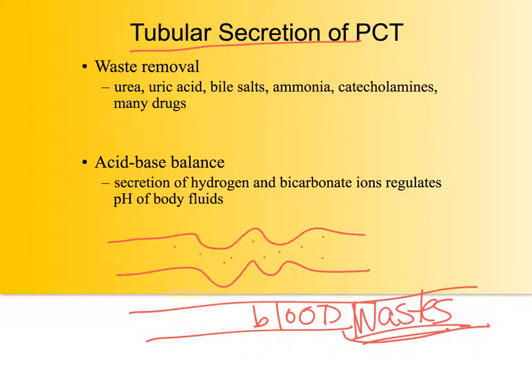So we have to get it back into the tube. Things that are going to move are urea, uric acids, bile salts, ammonia, catecholamines, which are neurotransmitters, and then drugs, like aspirin, anything you have to take every couple hours or whatever.